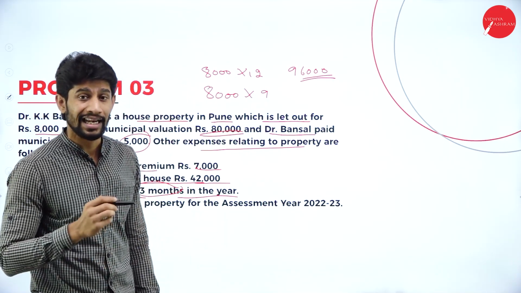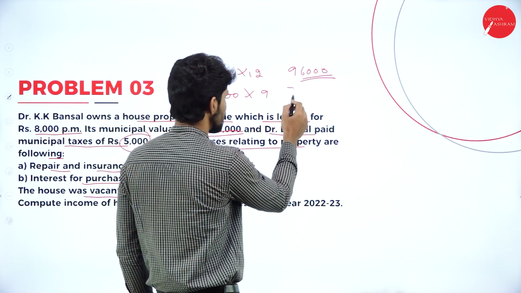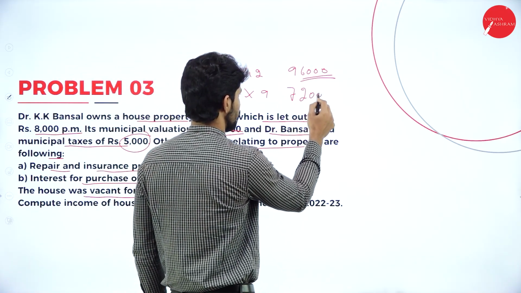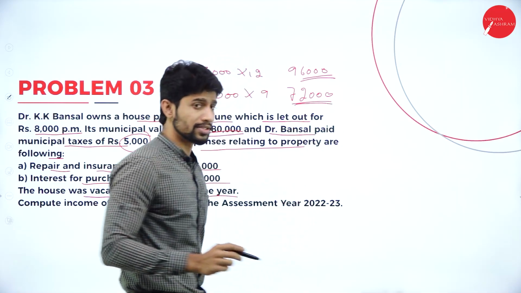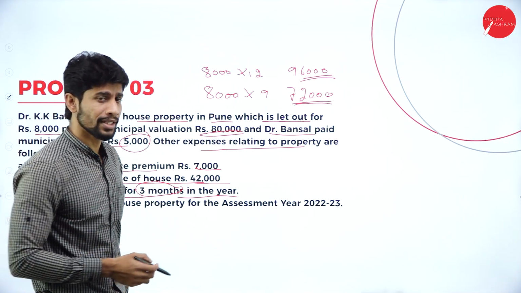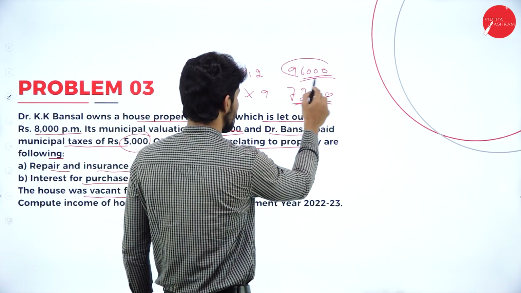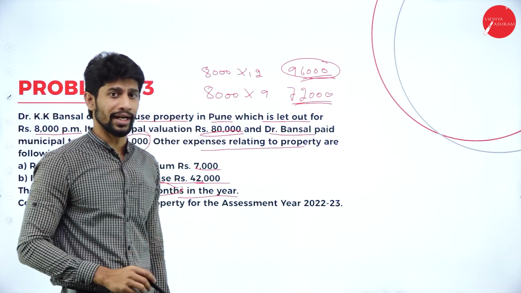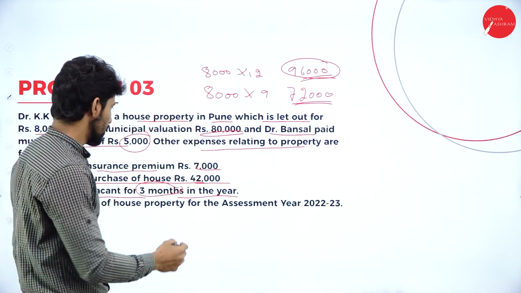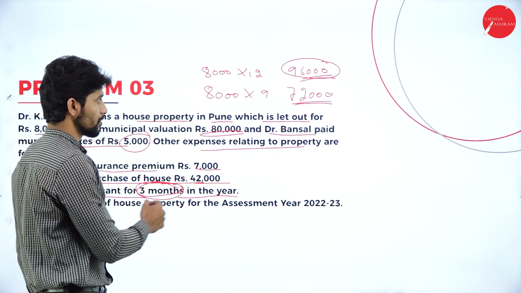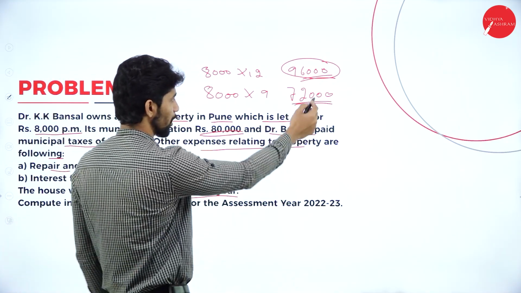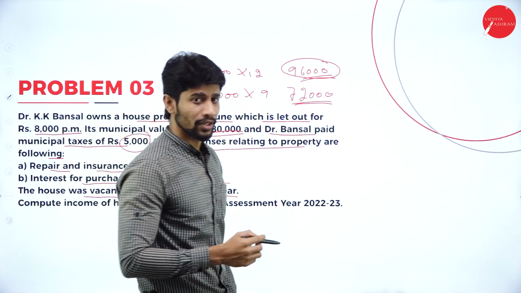Right? It's 9 months. So totally how much? 72,000. So if you would have received rent for 12 months, then the total rent for the year will be 96,000. But you received rent for 9 months because it is vacant for 3 months. So now what is the rent received? Actual rent, it is 72,000.